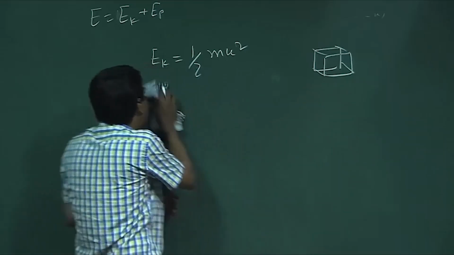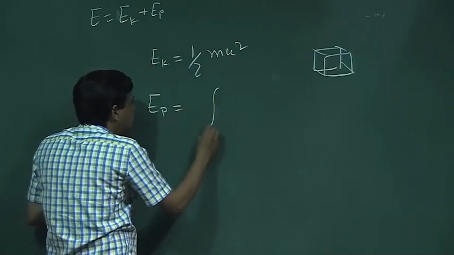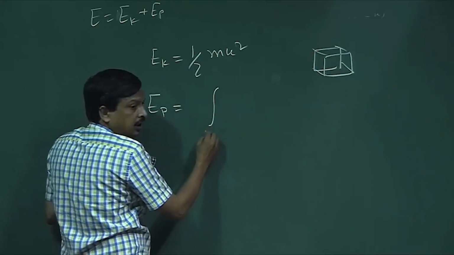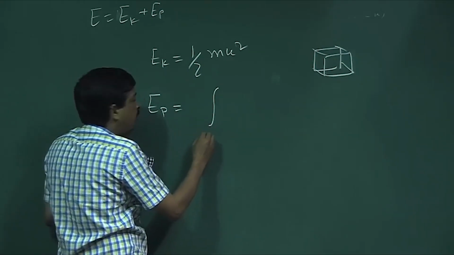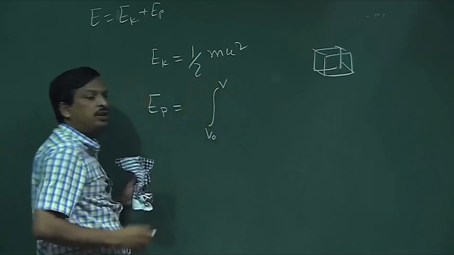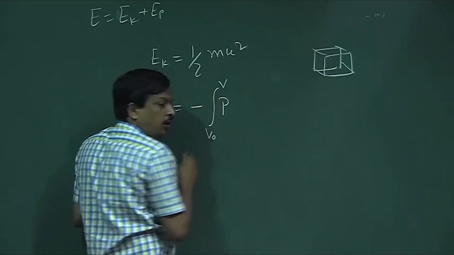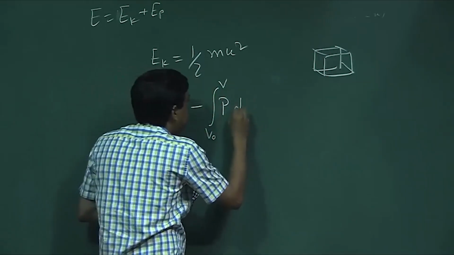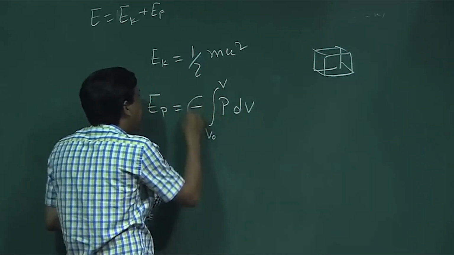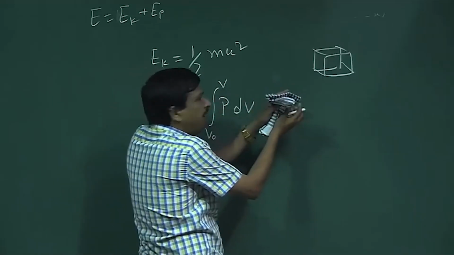So, the potential energy Ep is nothing but the change of volume, from initial volume V0 to V, due to the pressure P applied on that volume, with a negative sign.